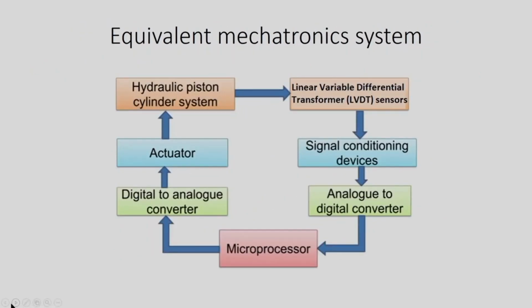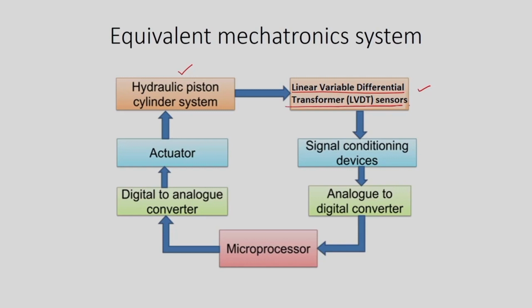So, let us represent all these elements as a block diagram. We have taken the hydraulic piston cylinder system, then we have to select a suitable sensor. In our case, we are taking the LVDT, the linear variable differential transformer.